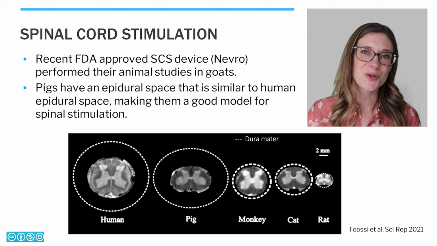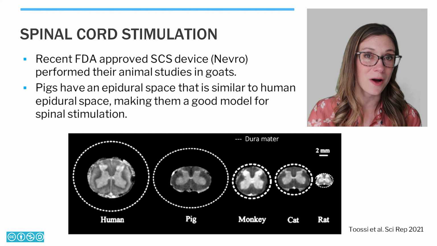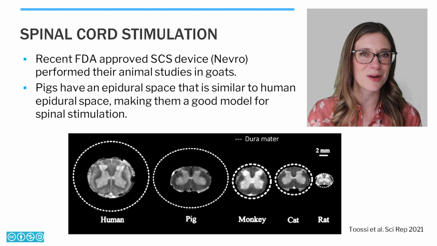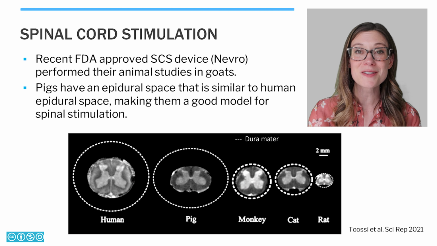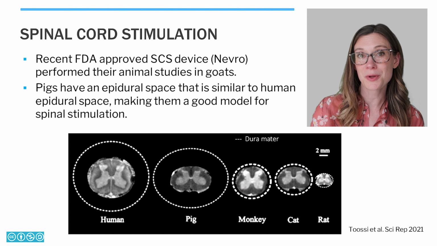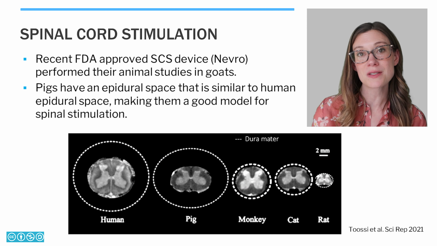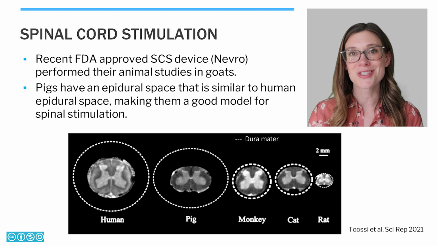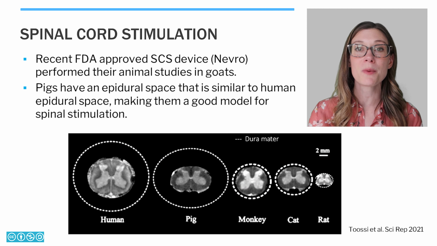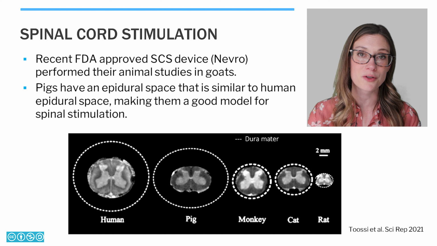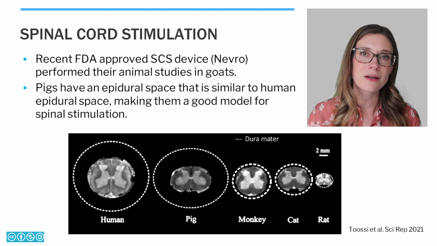So this example shows us that there may not be just one ideal choice for animal model studies. It's possible that there could be a number of species that are appropriate for your studies, and you should probably determine which animal model to use based on the detailed technological specifications of your technology.